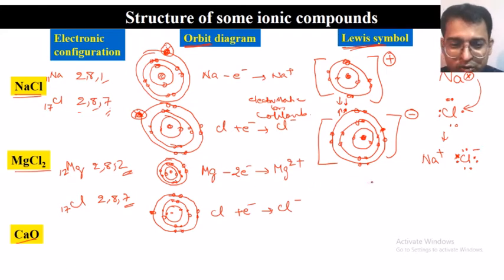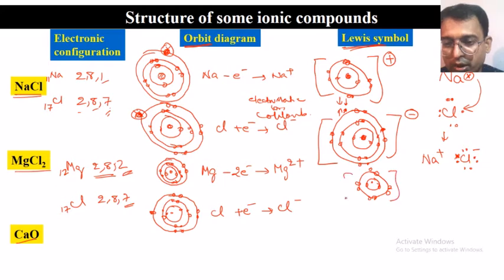So we will be showing only 2 shells, and you fill up 8, 7, 8. And then you will show the charge. Same thing with chloride, as we have shown here, you will show that they are attracting each other.